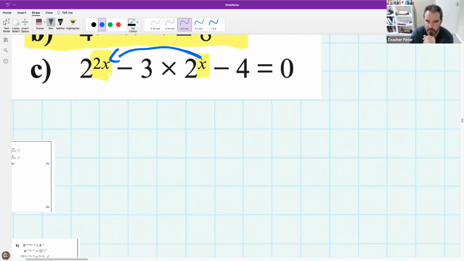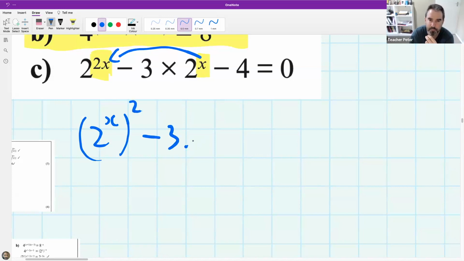Give me a thumbs up if you can see that there's a double power to this one over here, and that's weird. That's a bit different. Okay, now this is the trick you use when you see a double power, or if you see a negative power and a positive power. We use what's called the K substitution method. But before we do that, I want you to first understand with me.